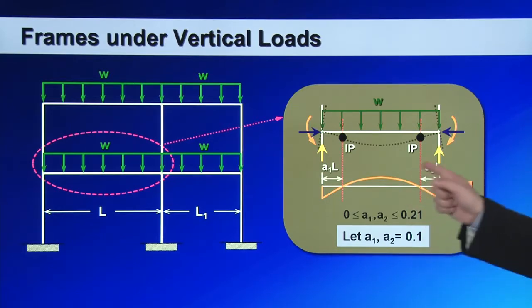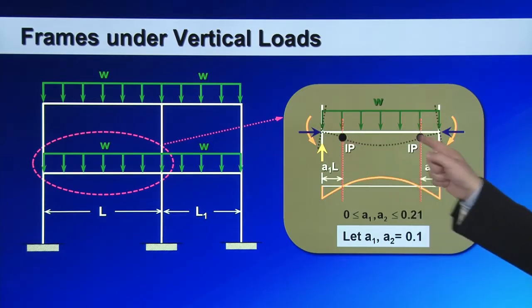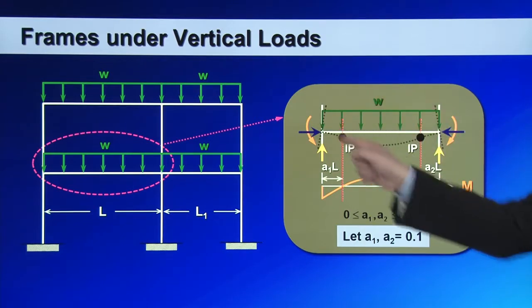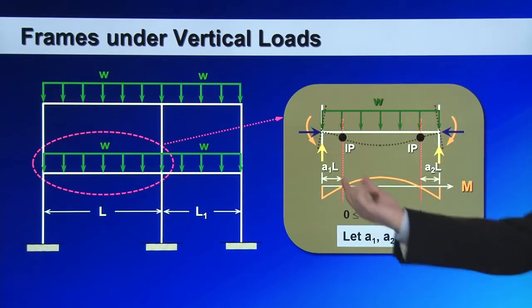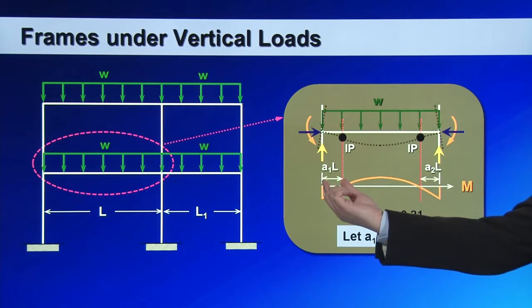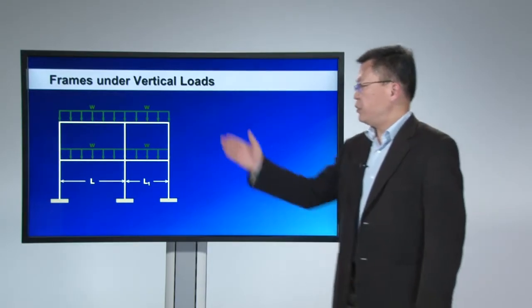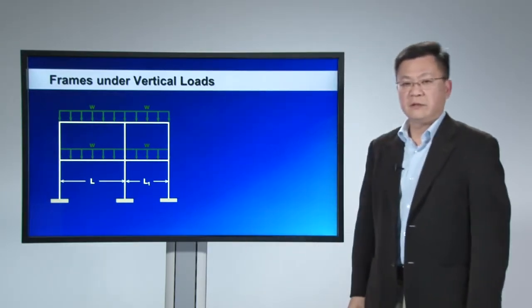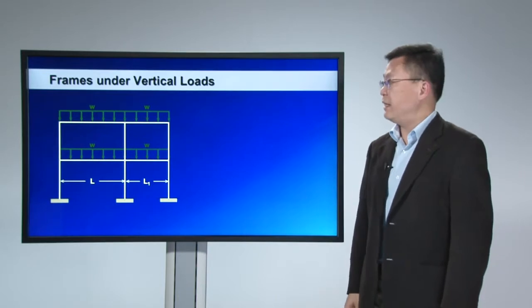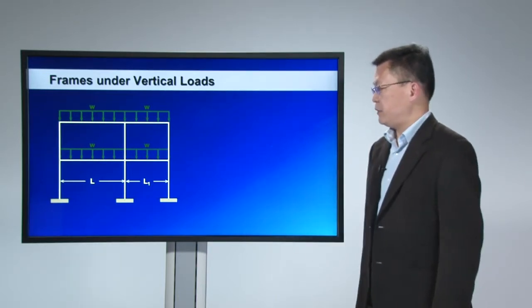So it's common to assume that the inflection points under these conditions occur at 0.1 L, measured from both ends of your support. As a result, we can use these concepts to approximately analyze frames under vertical loads.